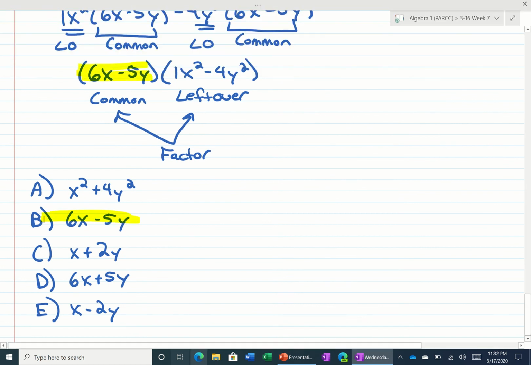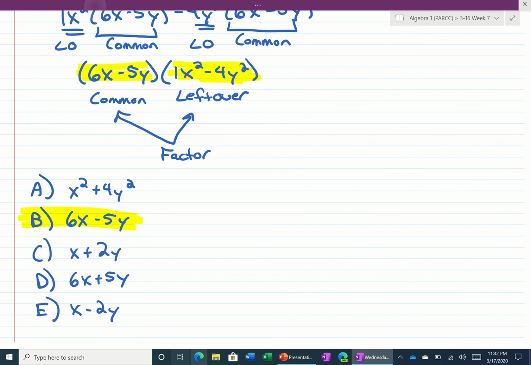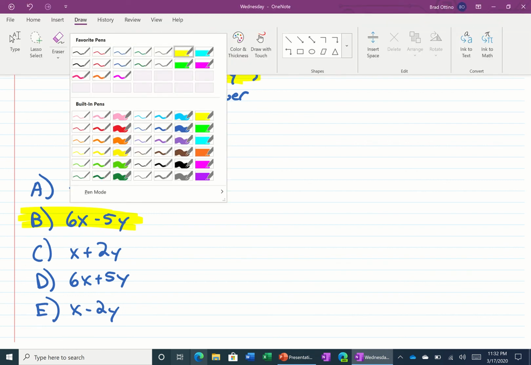Right here. So that would definitely be a factor. And then do I see x squared minus 4y squared anywhere? I do not. So because we don't see that anywhere, the only option would be option B. That's the only correct answer.